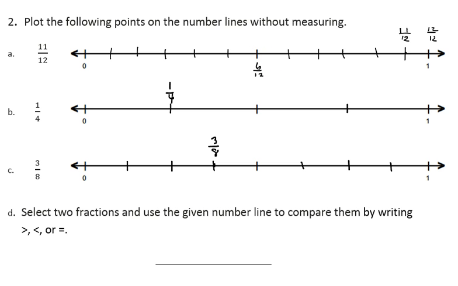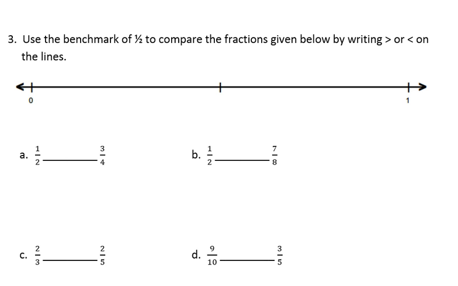And the last question says select 2 fractions and use the number lines to compare them. So I'm just going to choose 2 of the fractions that we wrote. I'll choose 1/4 and 3/8. Since 1/4 is closer to 0 than 3/8, I know that 1/4 is less than 3/8.